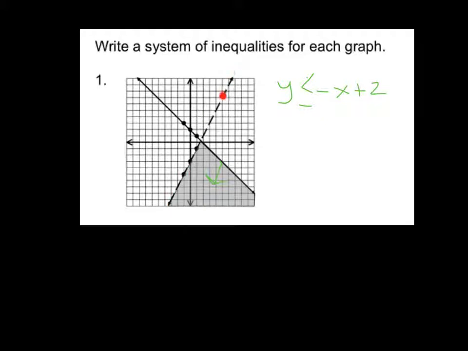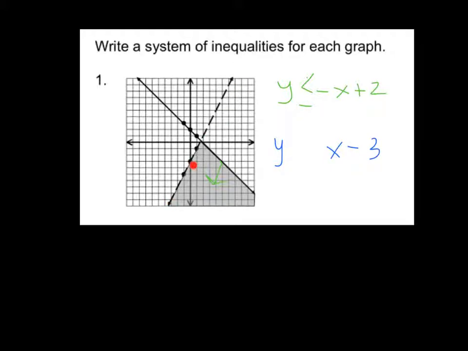Now I'm going to look at the dashed line. Once again, I'm starting with y, and I start with my y-intercept, which in this case occurs at negative 3. Then I need to find my slope. This line slopes up, so I know it has a positive slope.